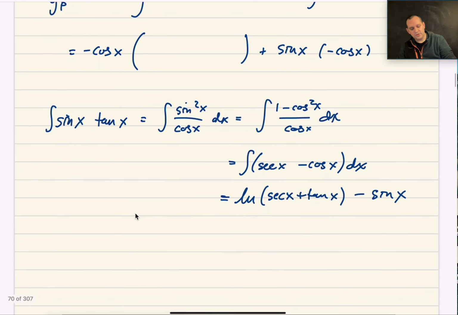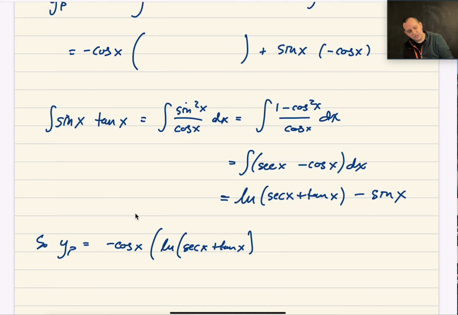So it turns out that this is the quantity that's going to go here. And it turns out that our particular solution, so y sub p, is going to be negative cosine of x times the natural log of secant of x plus tangent of x. I should probably have absolute values here, but that's okay. Minus sine of x plus sine of x times negative cosine of x.